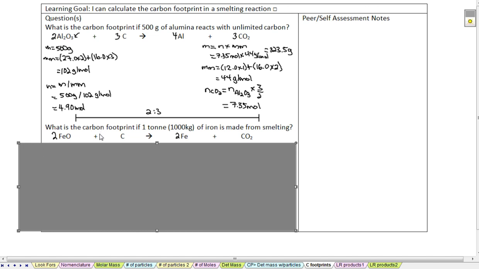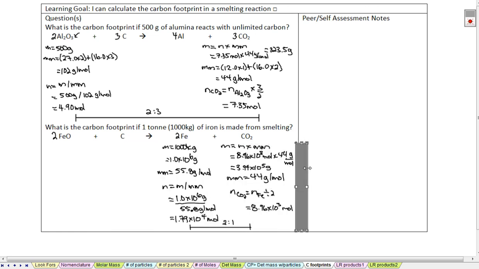So let's take a look at the carbon footprint of smelting iron. Iron's used to make steel. So we're going to look at taking a ton of iron(II) oxide and smelting it to make some iron. And we want to know what the carbon footprint of that is.